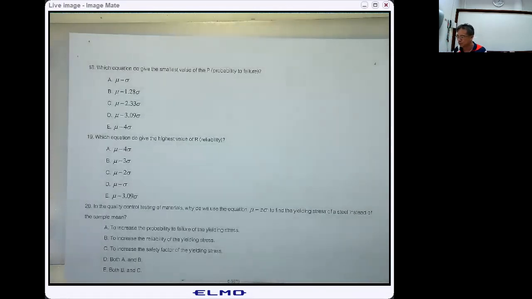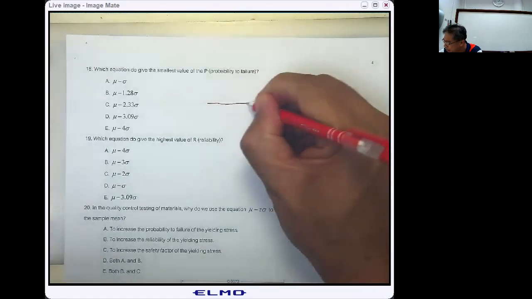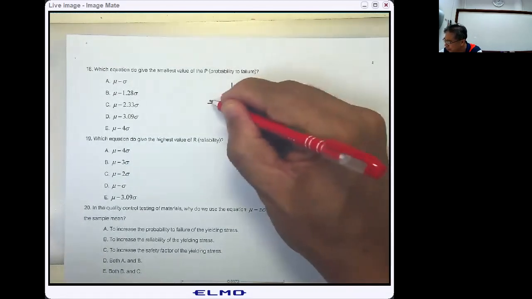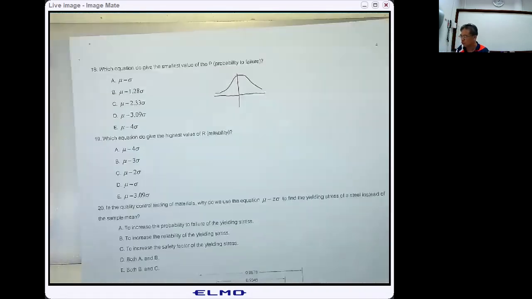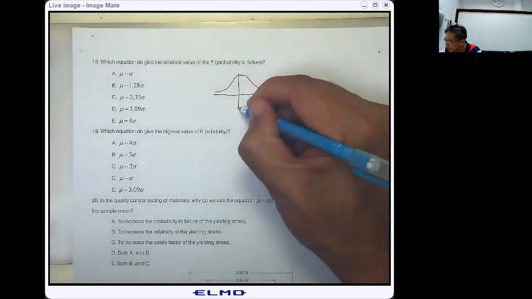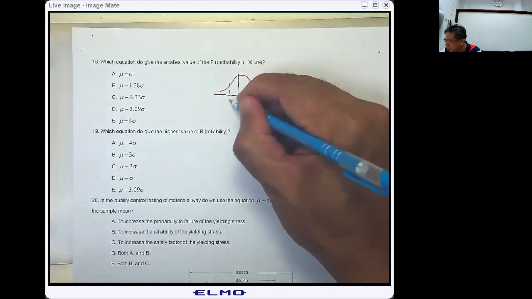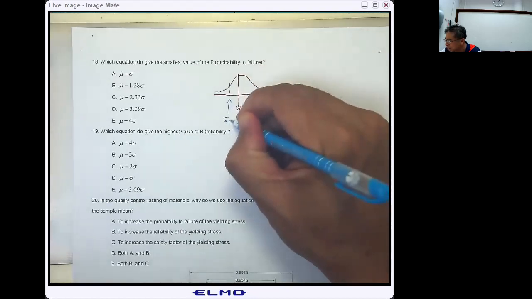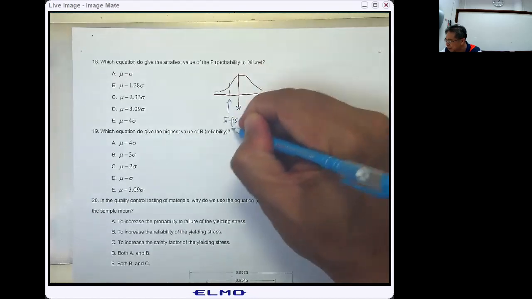And then coming into this relationship, which equation gives the smallest value of the probability of failure? Again, we come to the normal distribution. This represents the x bar. This represents the x bar minus 1 SD, that is going to be the C value.